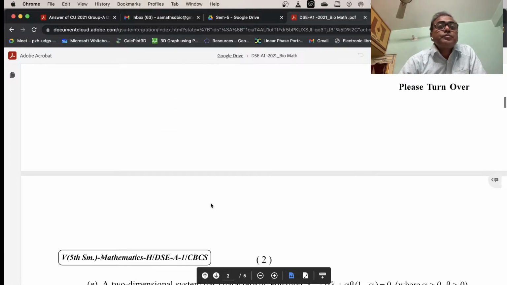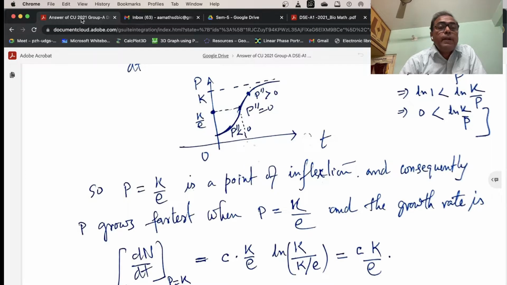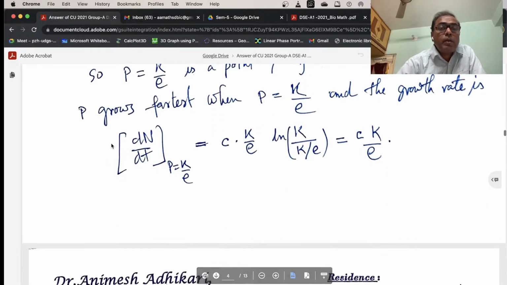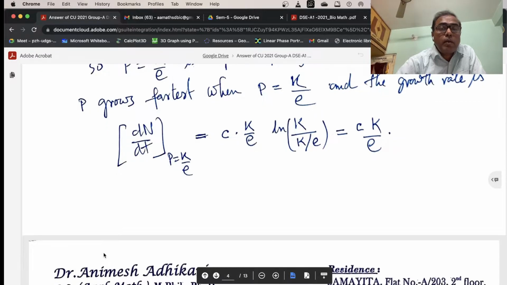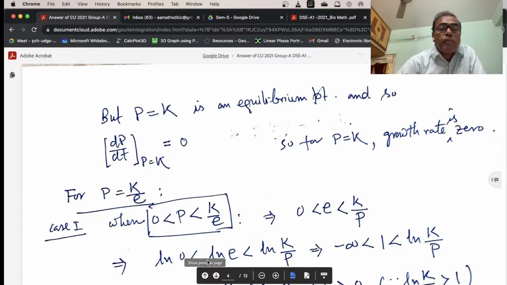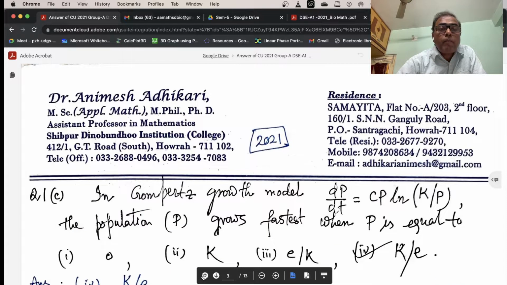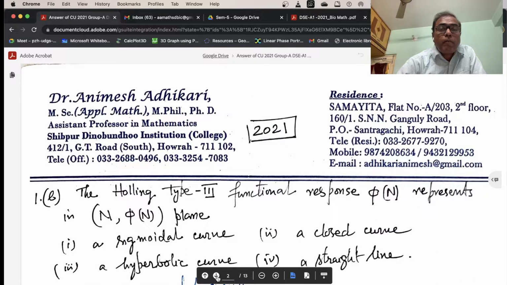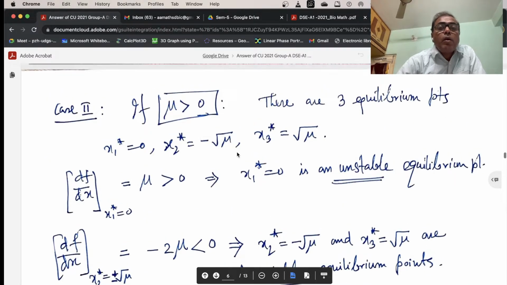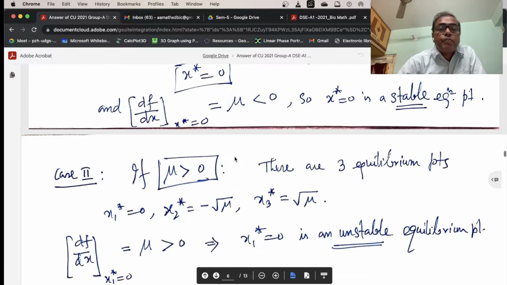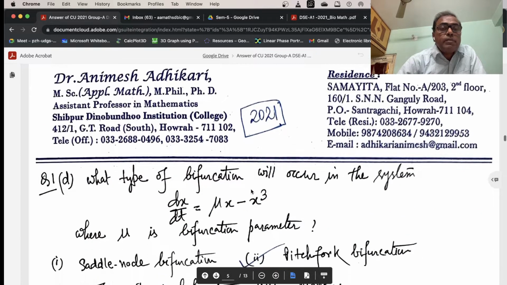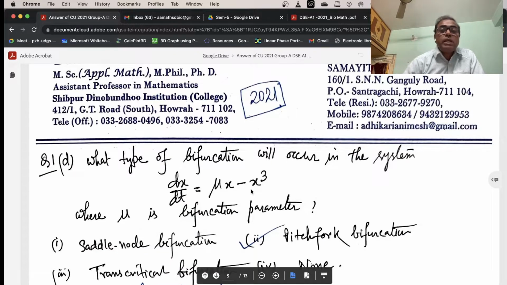Now, in this question D, the answer is the pitchfork bifurcation.